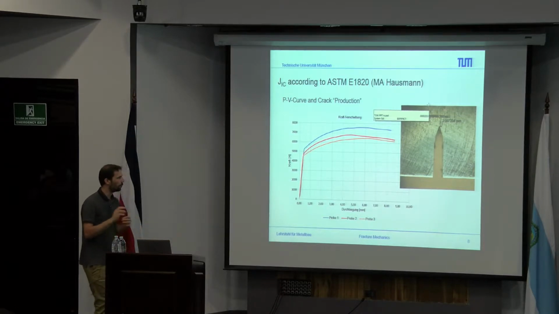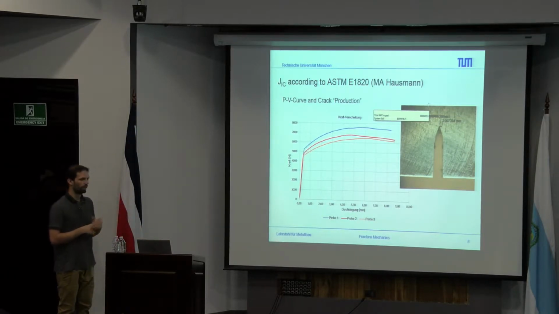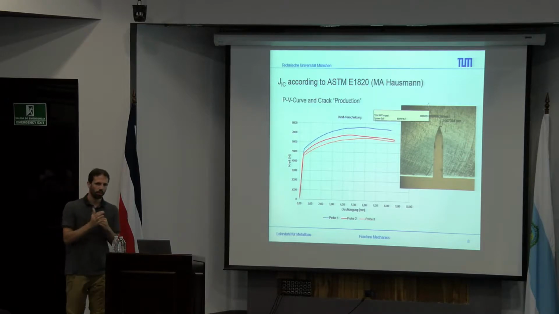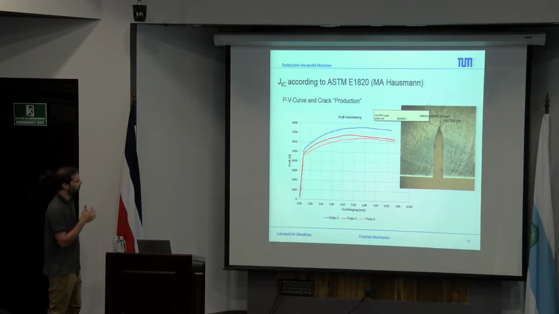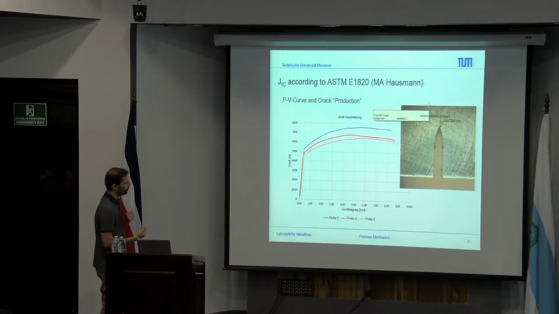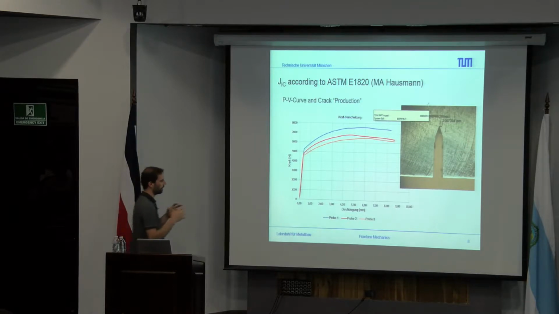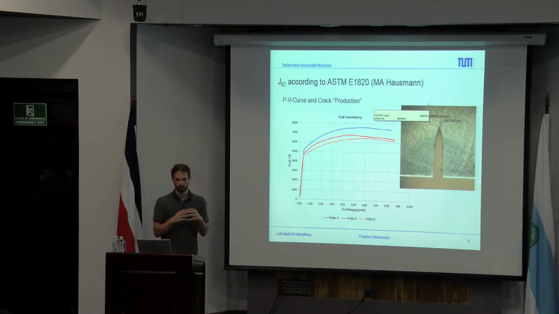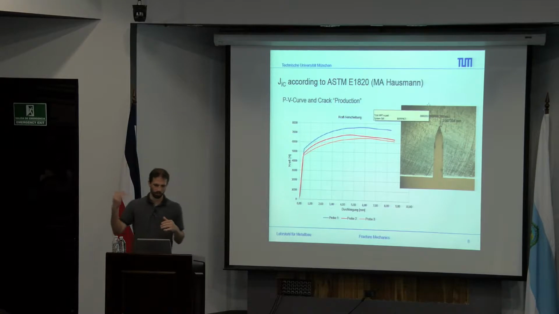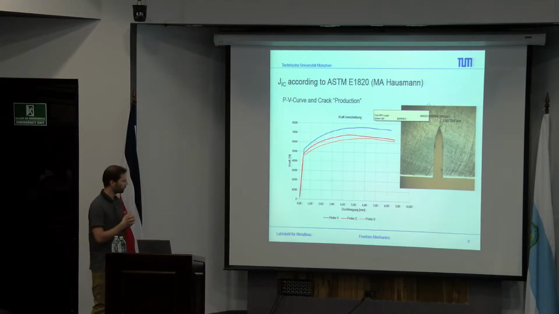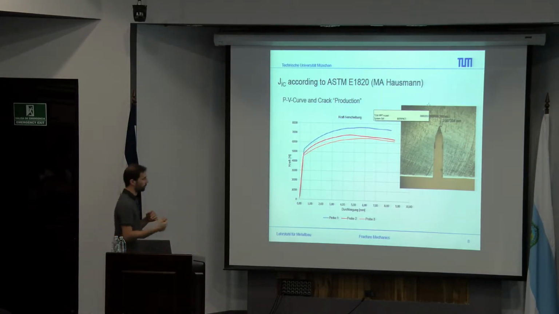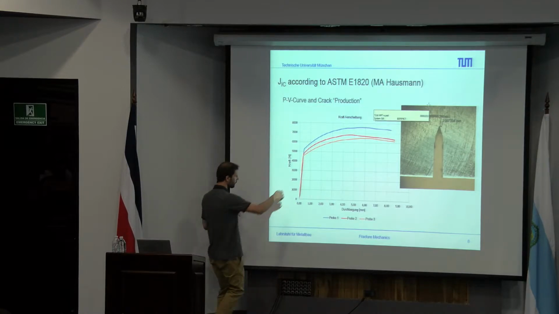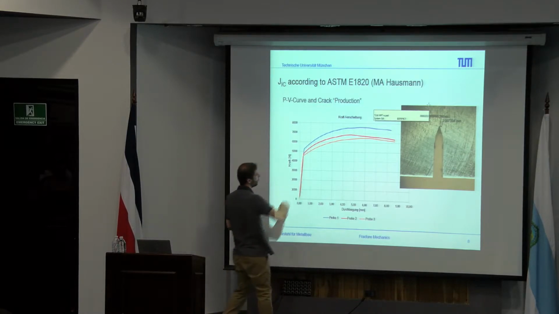In this case, we just used 2 millimeters for the crack initiation, and afterwards the cyclic loading was stopped and just some force was applied. And due to this part, you can see how it looks like.